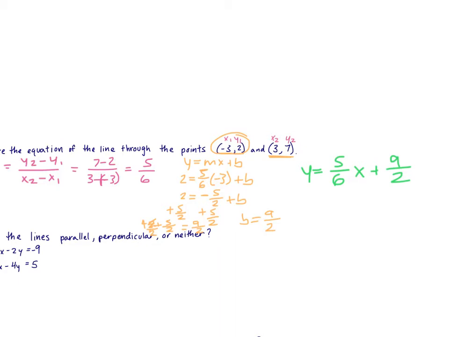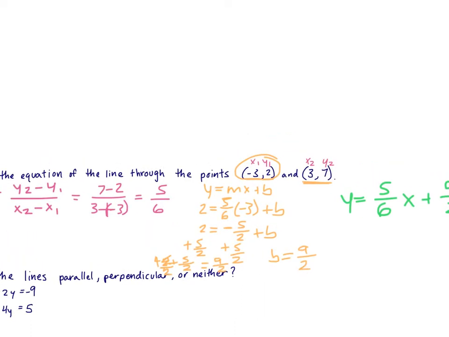Right, so our point-slope form would be y minus y1 is equal to m times x minus x1. So then we have y minus our y1, which is 2, is equal to our slope. And then we have x minus x1, so this would be x plus 3.